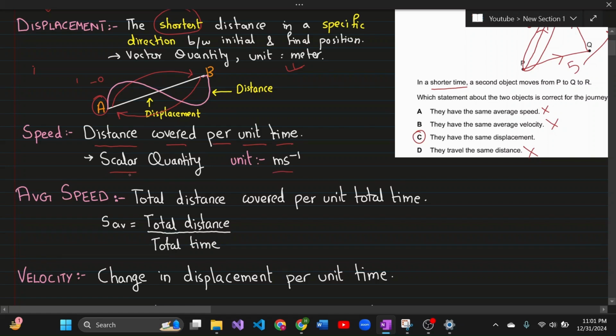We all have been learning these terminologies since our O levels and from previous grades as well. On the other hand, what is average speed? Average speed is when you sum up all the distances and all the time. So it is the total distance covered per unit total time. This would be your formula for that.